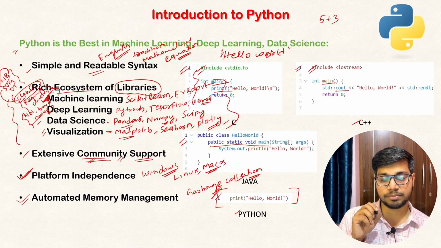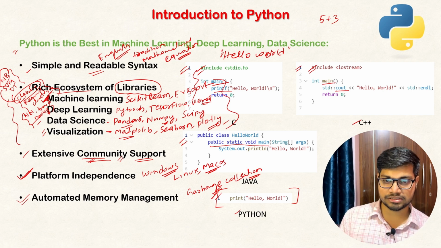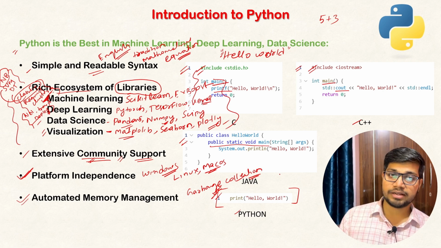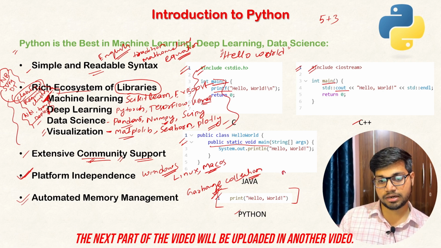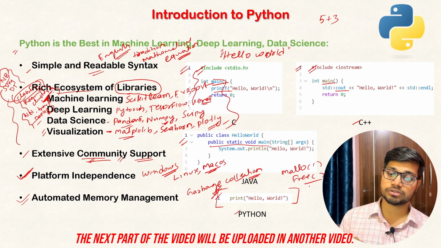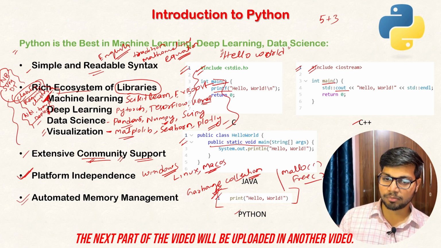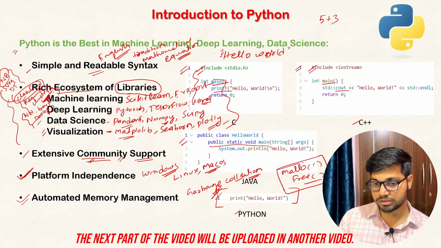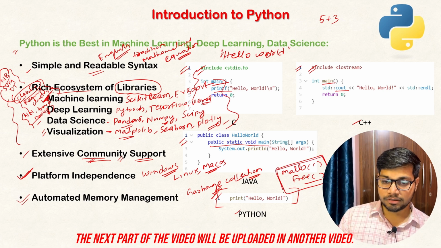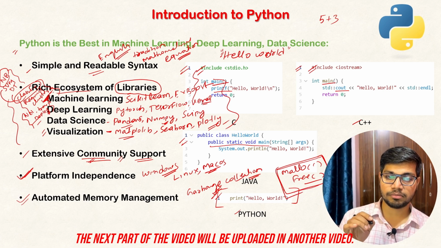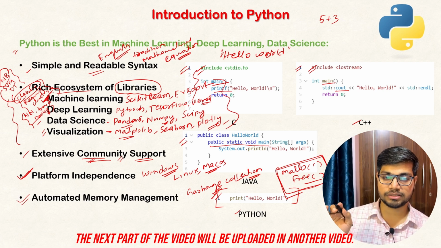But if you look at C, it does not provide memory management. You have to manage memory manually. In C there are two functions, malloc and free. When you need allocation and deallocation of memory, you have to use these functions. But in Python, you do not need to do any memory management manually. Python will automatically handle it.